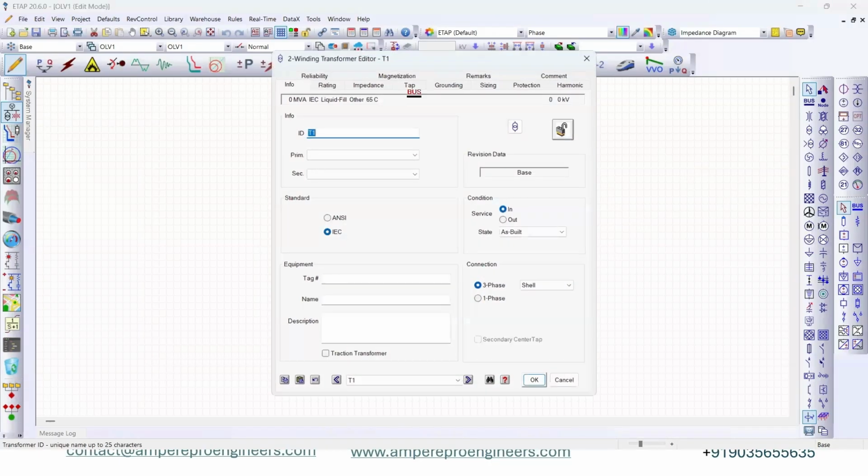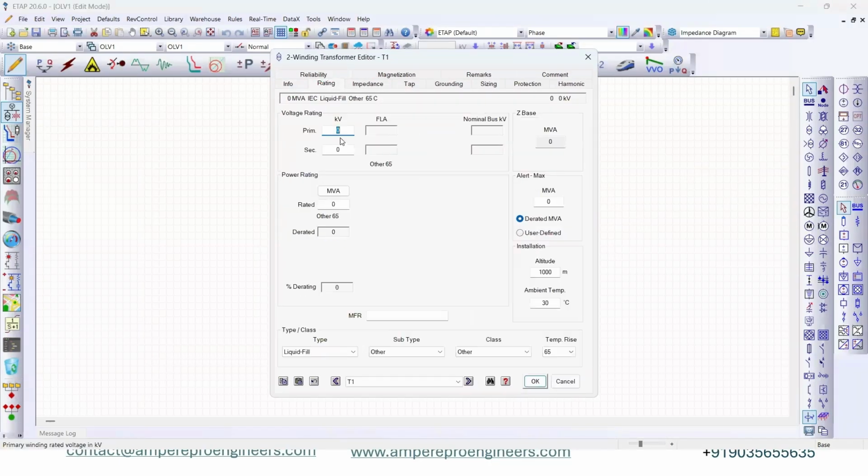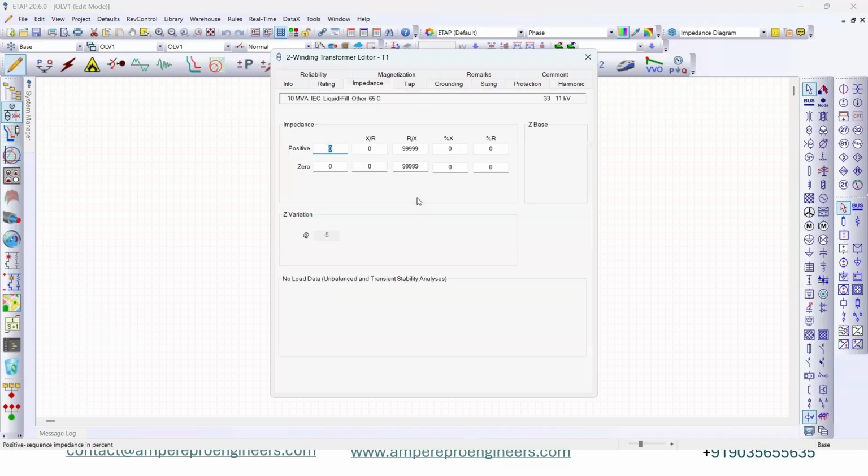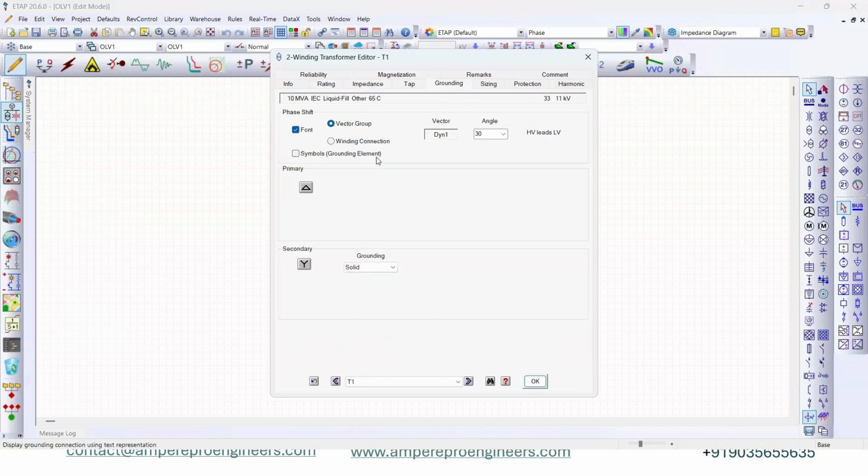So I will make it like that. Let me add some dummy data. We will assume that, and we'll have it like that.